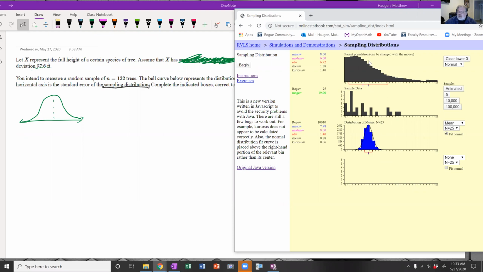Notice the average of our data is up here at 8. The average of our sampling distribution so far is 7.98. The average of our data and the average of our sampling distribution are roughly the same.